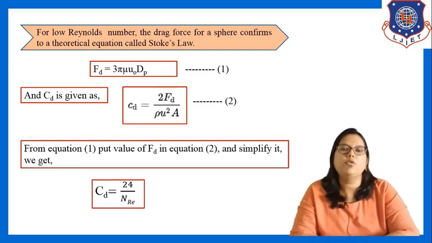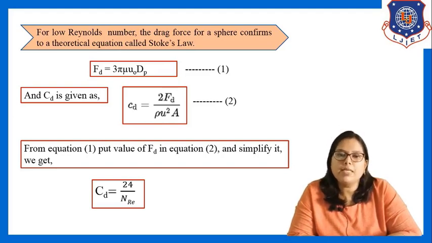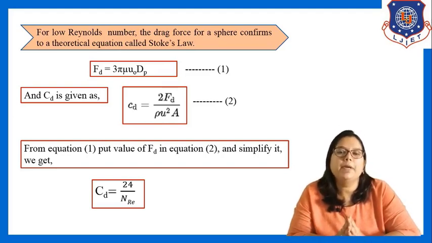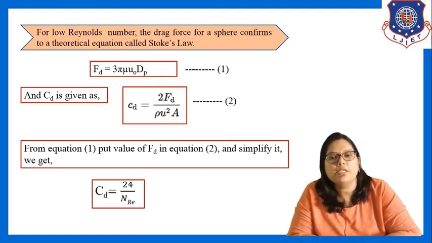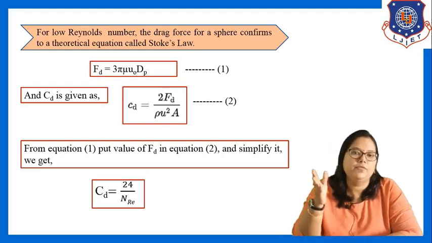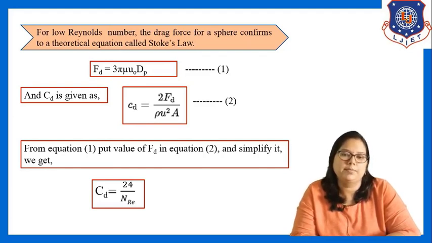So this is all about the flow past immersed body. For flow past immersed body, the important parameters are drag and drag coefficient, and drag coefficient is related to Reynolds number. We have seen that relation.